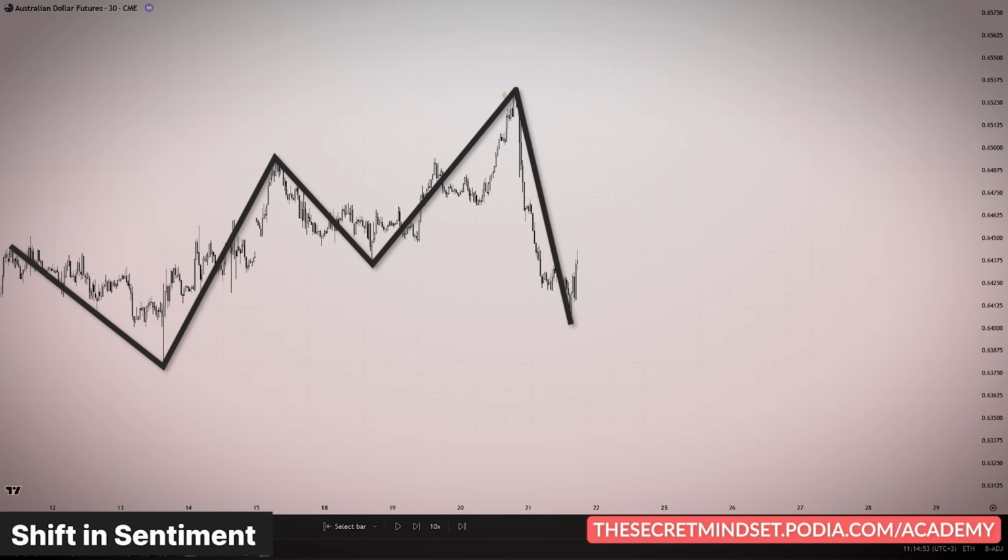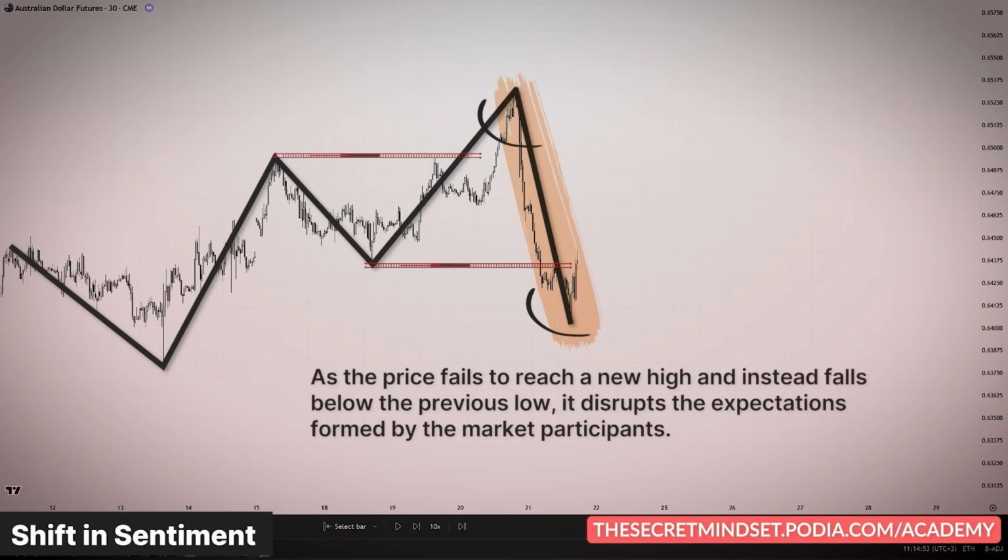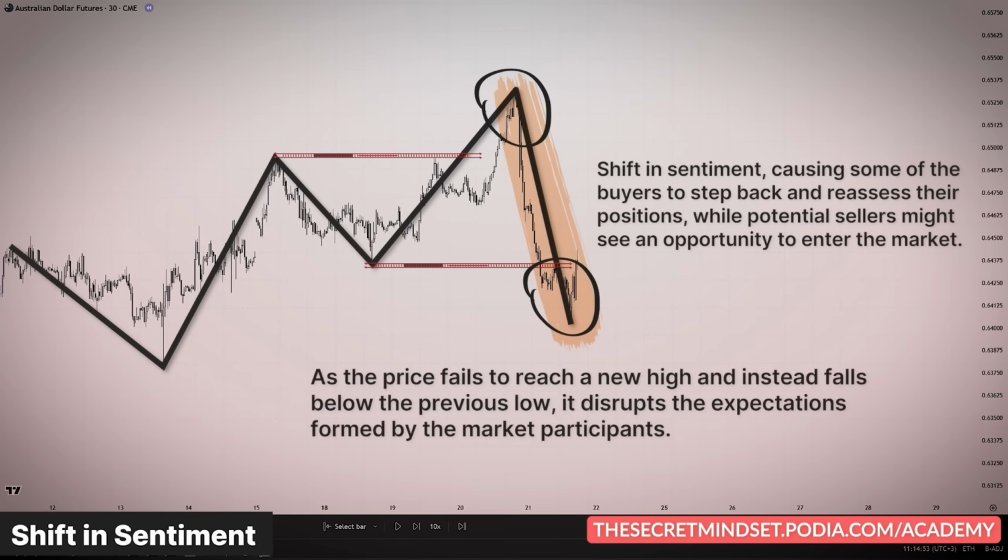However, as the price fails to reach a new high and instead falls below the previous low, it disrupts the expectations formed by the market participants. This unexpected change often leads to uncertainty and a shift in sentiment, causing some of the buyers to step back and reassess their positions, while potential sellers might see an opportunity to enter the market.